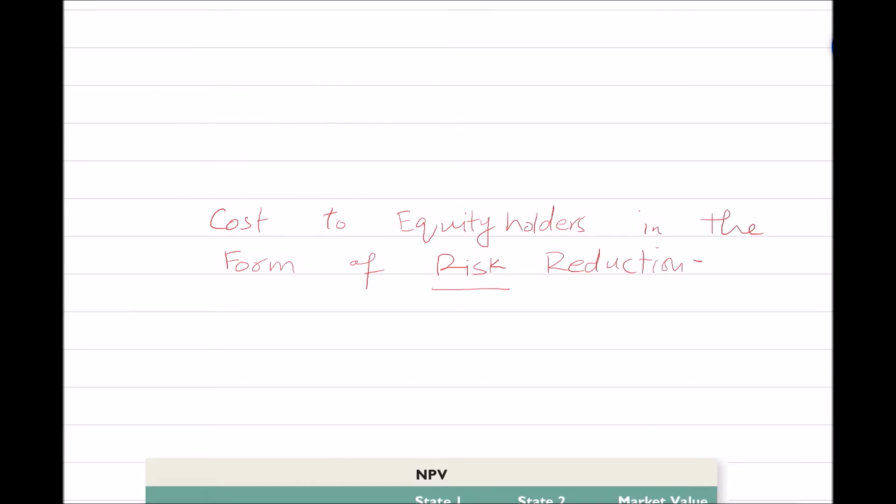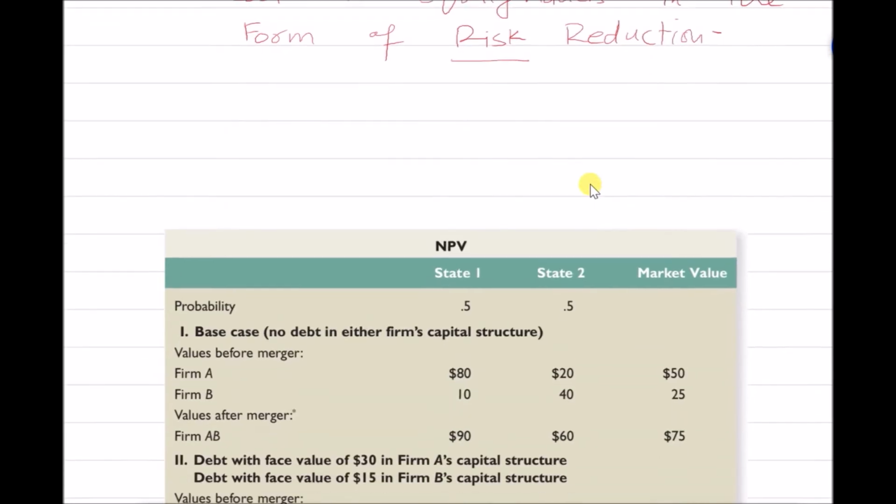And we know that equity holders lose when the firm takes less risk, while the debt holders feel more secure in the firm which has low risk, right? Therefore, the returns of equity holders are reduced in a post-merger firm. Let's see how this actually happens.